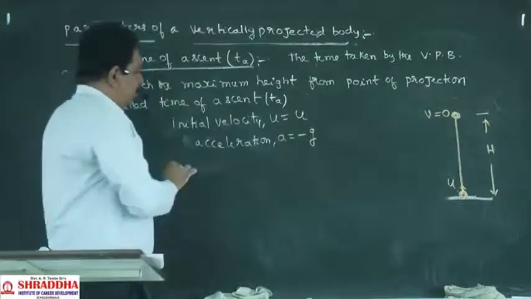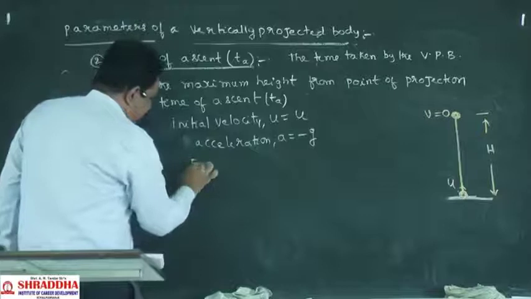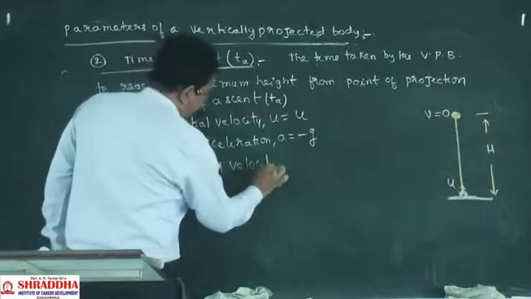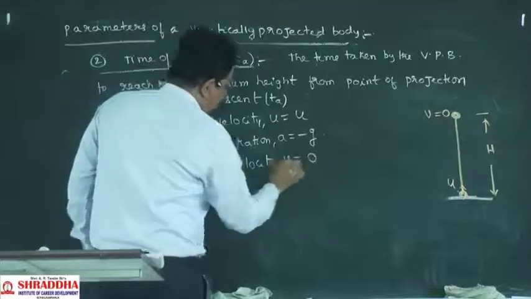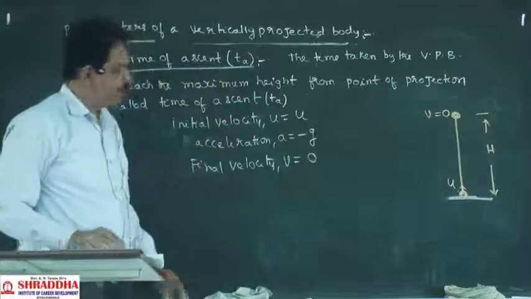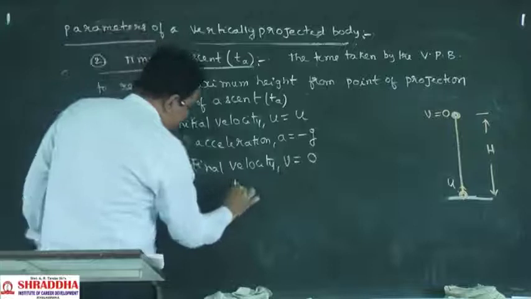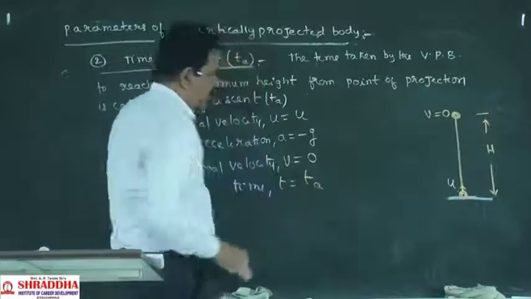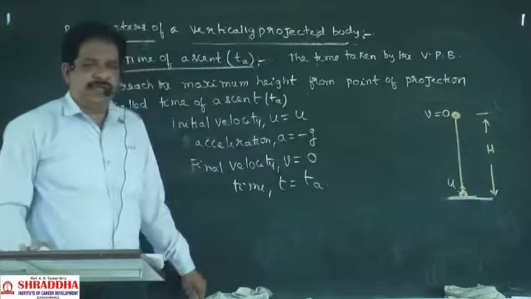What is the final velocity? v is equal to 0. What is the time? We are taking it as ta.